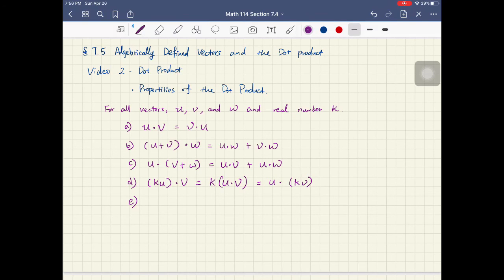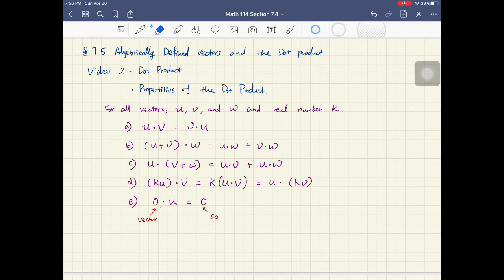Next, if I have a vector 0 dotted with a vector u, I will get the number 0. Just to label it: the first 0 is a vector, because the only situation where we can do a dot product is between two vectors, and the resulting 0 is a number.